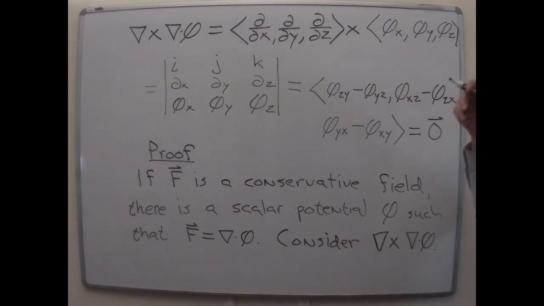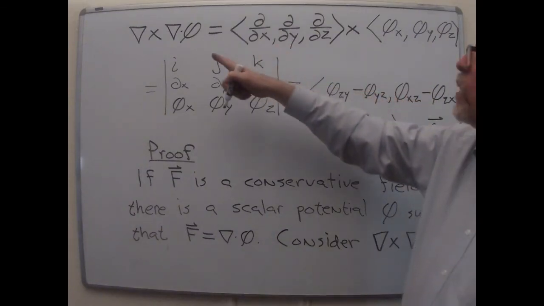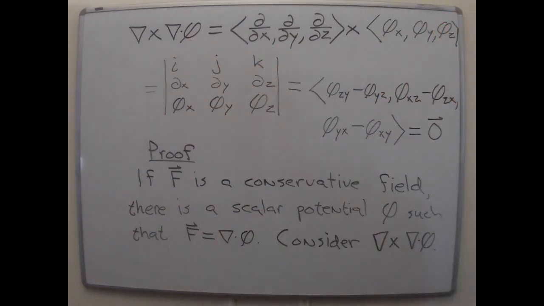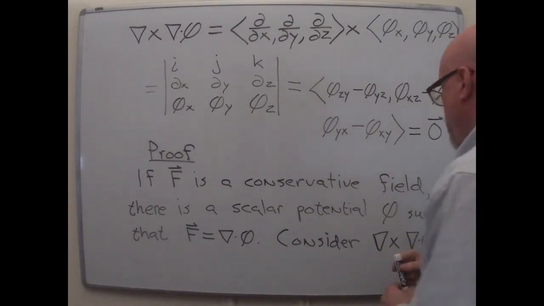So the reason that the curl of the gradient of a scalar potential comes out 0 really comes down to Clairaut's theorem again, that the mixed partials are equal. There is a proviso that everything has to be continuous on the domain you're looking at. But I believe that's the case already if we're talking about F being a conservative field.